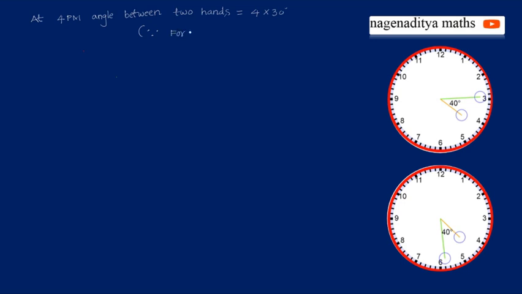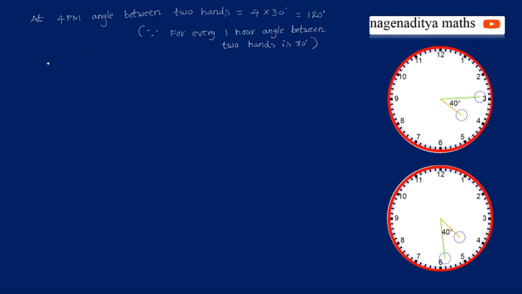The reason is, for every 1 hour the angle between the minute hand and hour hand is 30 degrees. So for 4 hours we have 4 30s, that is 4 into 30, which becomes 120 degrees.